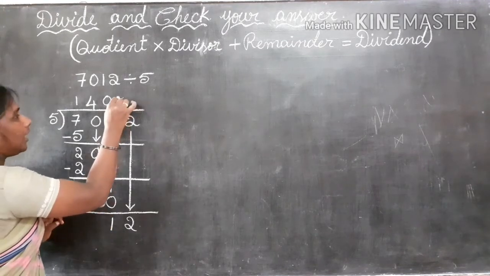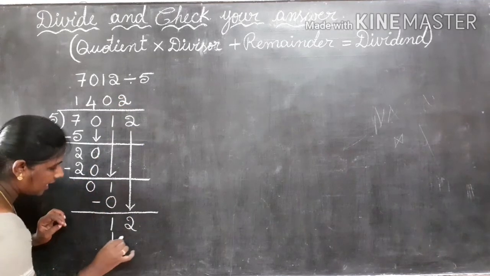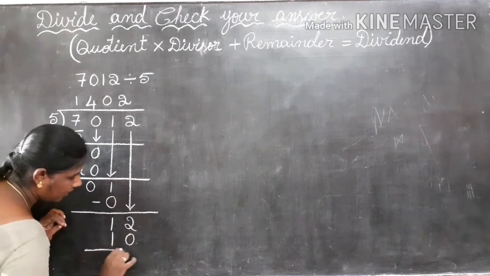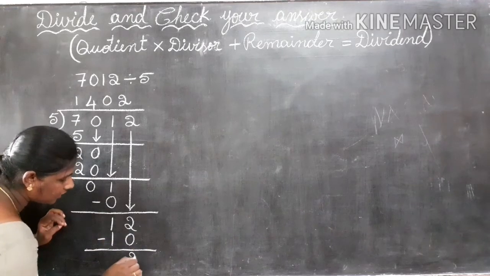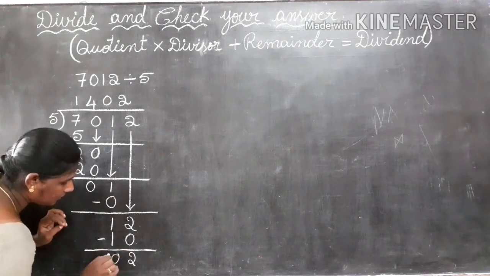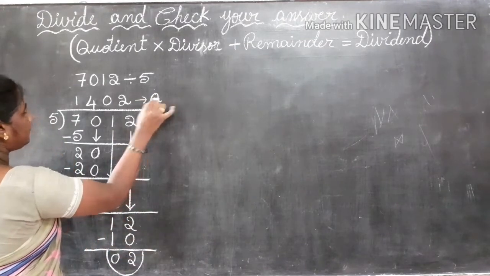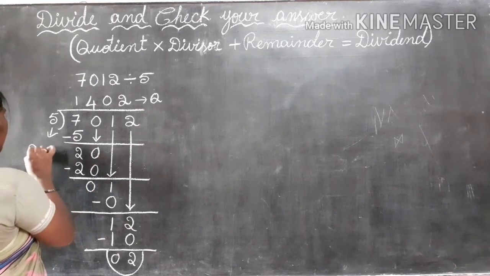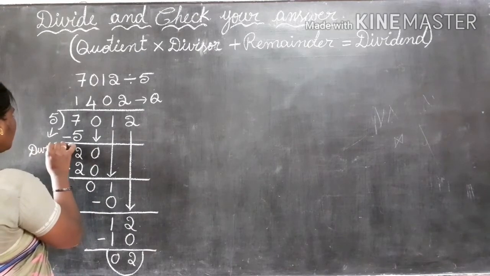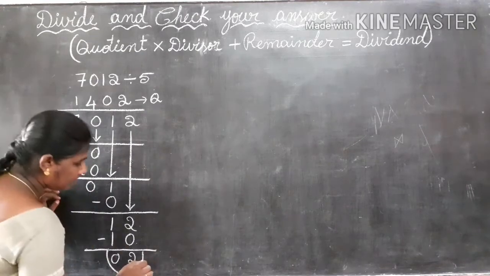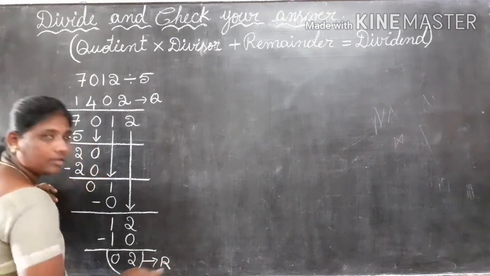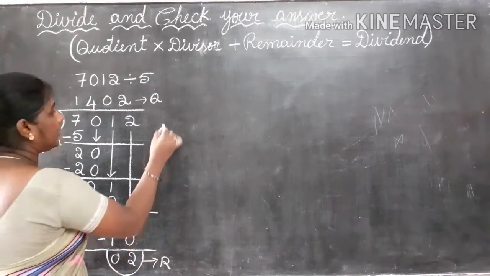So we have to take 5 twos are 10. 12 minus 10, 2. In this it is quotient, it is divisor, it is remainder. So we have to do the check here.